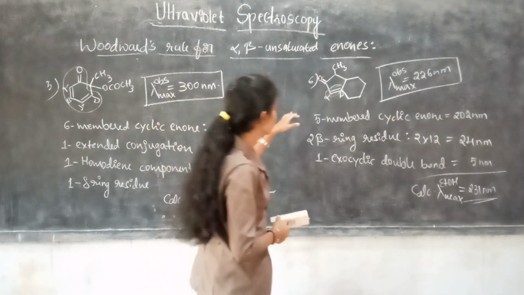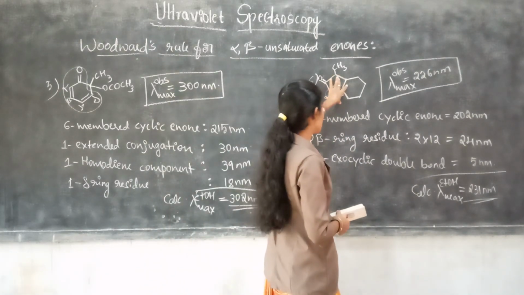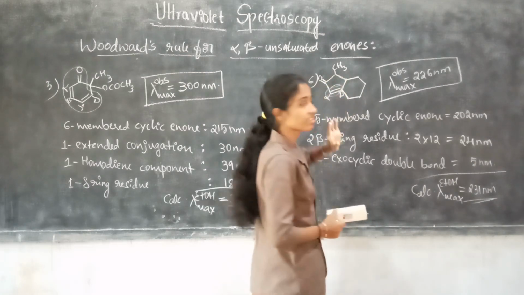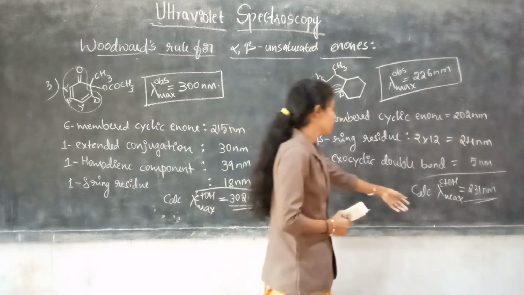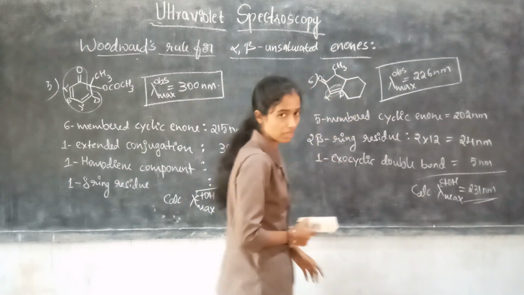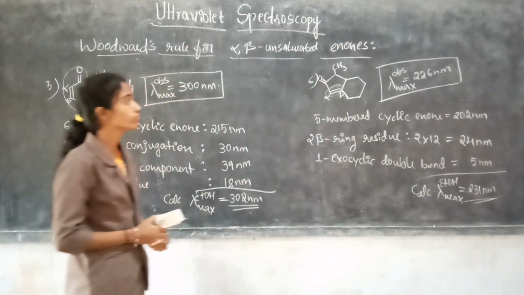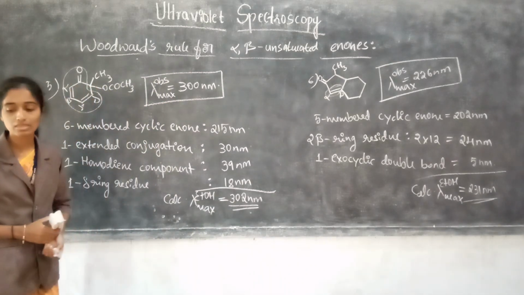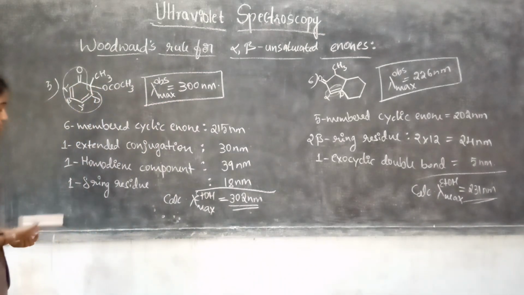In this case, we have 2 beta ring residues and 1 exocyclic double bond, and the absorption maxima is calculated as 231 nanometer and observed at 226 nanometer.